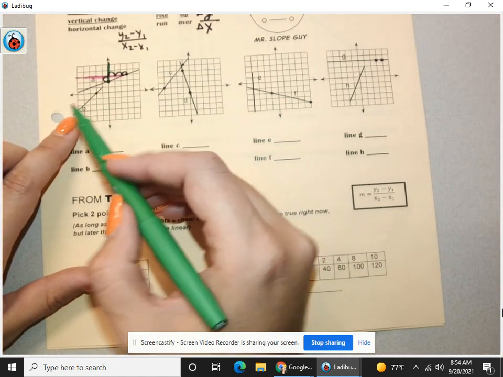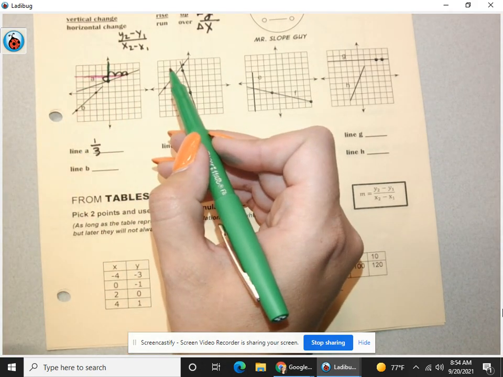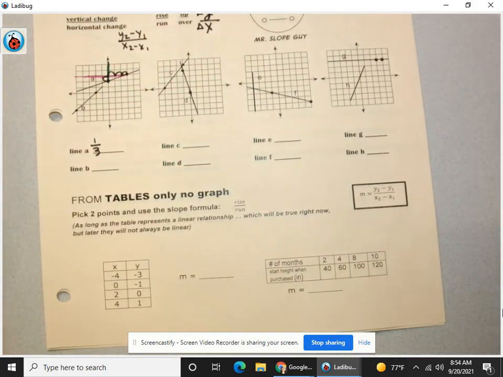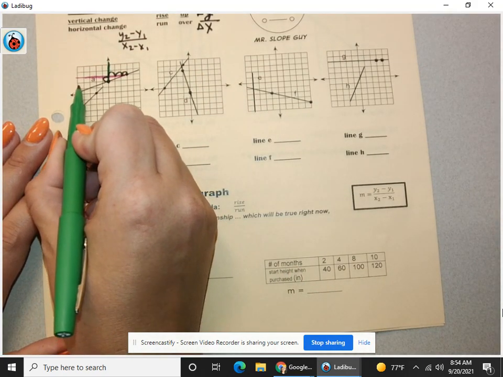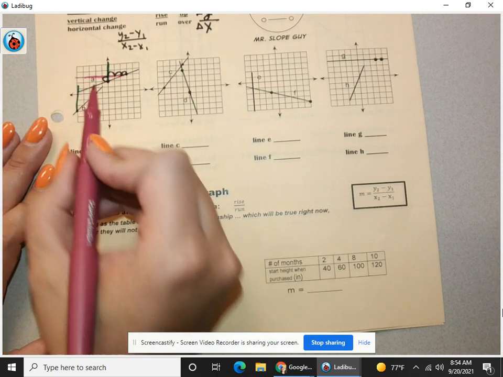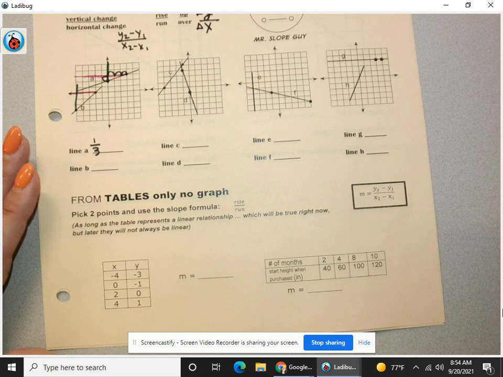So when I'm looking at line B, is this a positive or a negative slope? Positive. Just got to make sure. Okay, line B, same thing. I'm going to draw a line up, just stop short because I know where my line is, and draw a line across. How much do I rise? How much do I run?